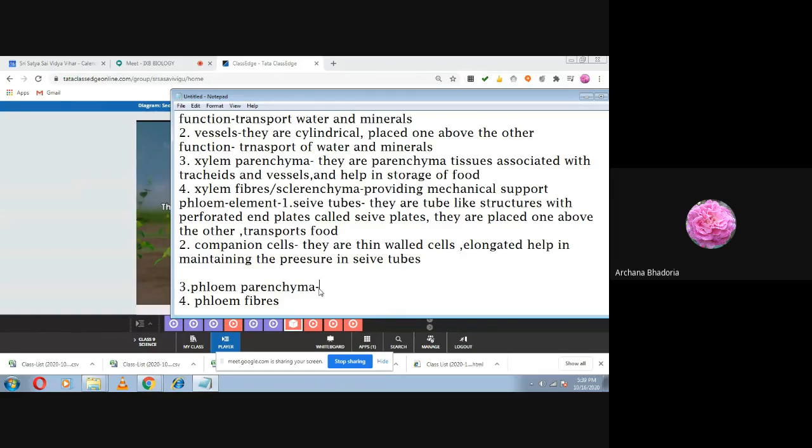They provide mechanical support to the phloem tissue.